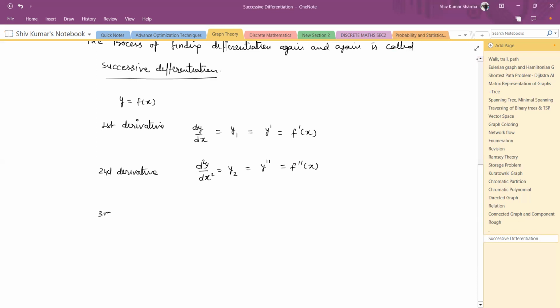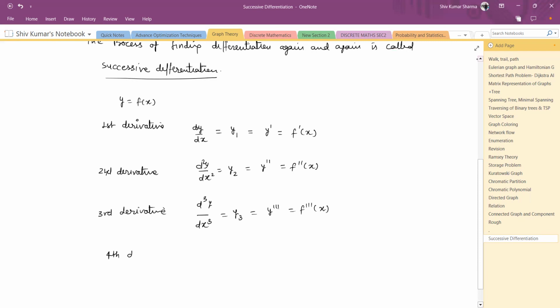Similarly, the third derivative of the same function y equal to f(x) is written as d3y over dx3, differentiating three times. This can be represented as y3, y triple dash, or f triple dash x.